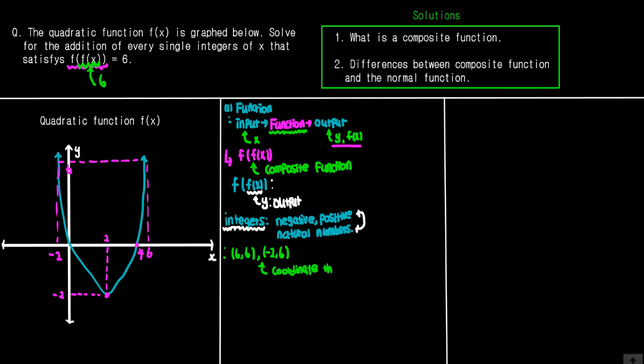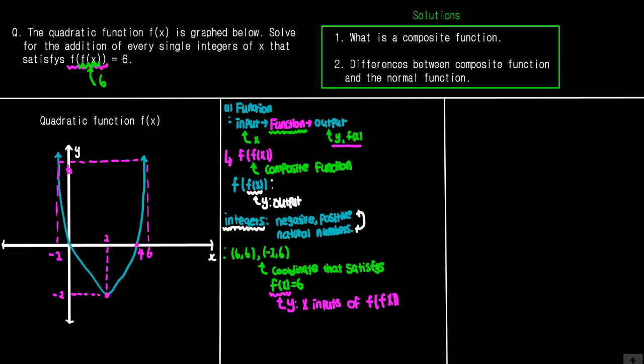So that satisfies just f of x is equal to 6. But this f of x, which is essentially the y value, is going to be the x input of our function f of f of x.